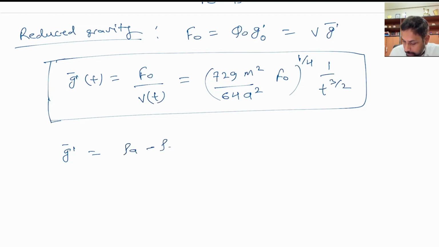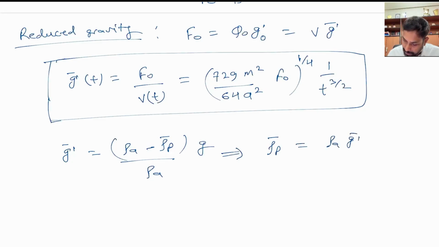So that is the reduced gravity, and by reduced gravity actually you can get (rho A minus rho P bar) over rho A times g. So this will give you rho P bar as rho A minus rho A g prime bar over g.